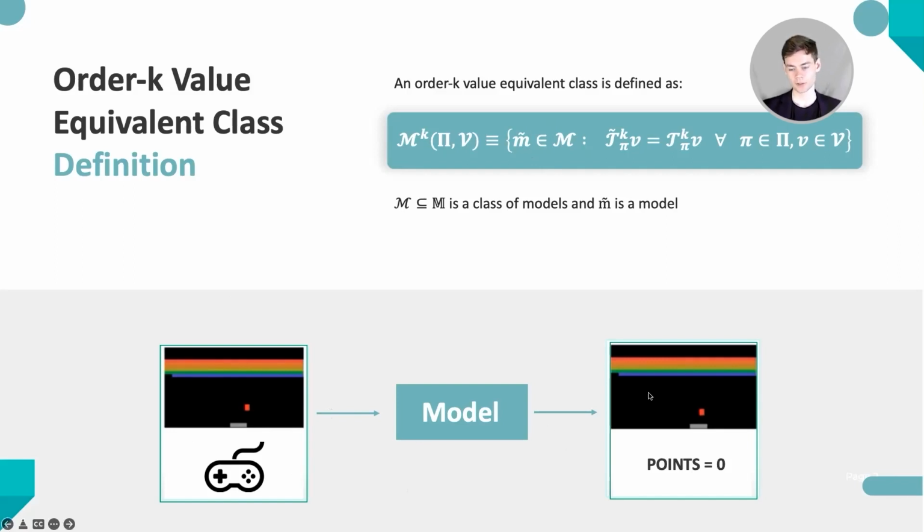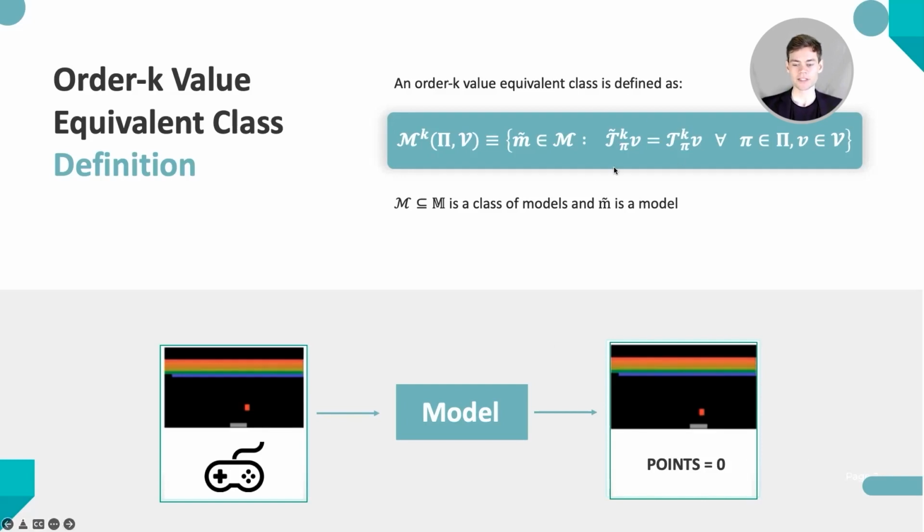So what we get as an output from our model would be the state representation here, one time step later. So if you look closely, you can see that the ball here has actually moved a bit closer to the racket at the bottom of the screen, and that represents what the model would do. It also gives us a score because part of our state representation here would be essentially the points that we have. So by the model, we mean these two concepts.